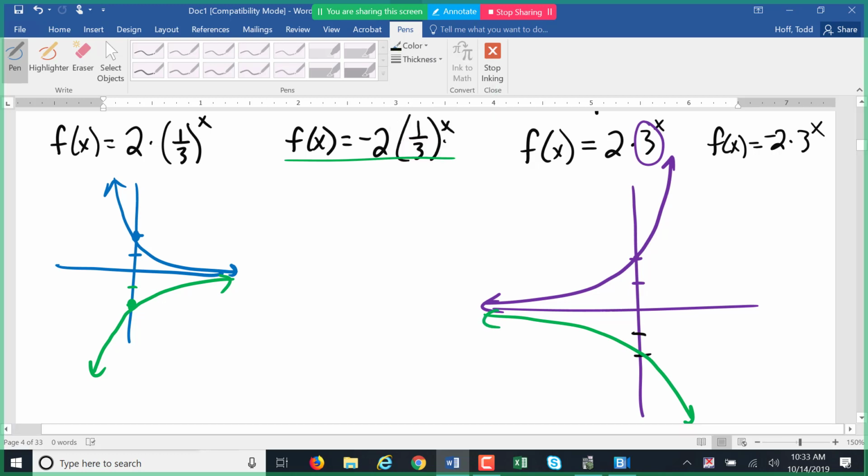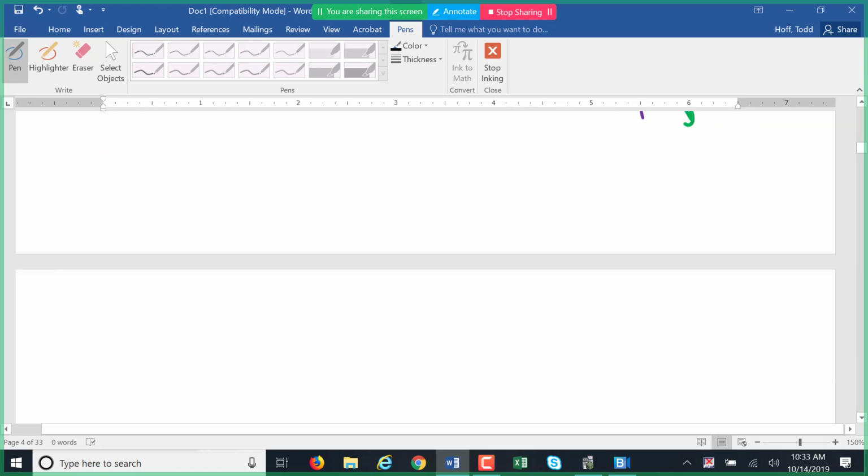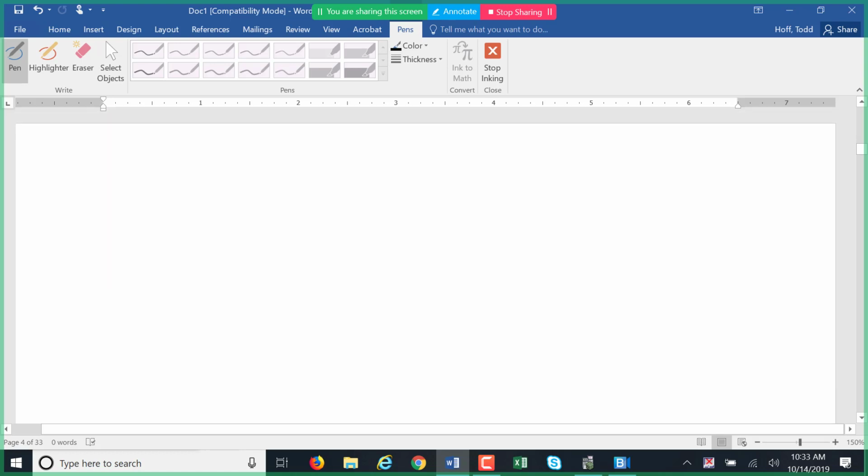Of course, there are other things we can do to move it around. So we have f of x equals 5 times 1/4 to the power of x minus 2, minus 3.